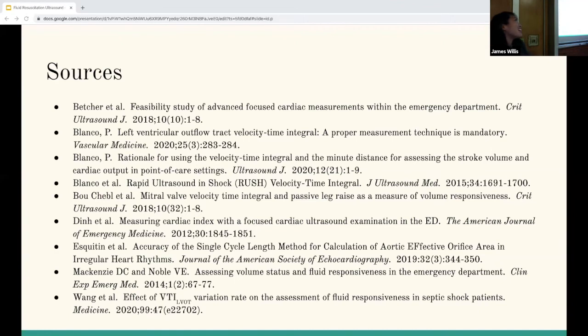I would say yes, it is probably at this point considered another fancy ultrasound measurement in terms of the evidence for patient outcomes. Most of the papers and sources that I read for this lecture were not necessarily looking at that.